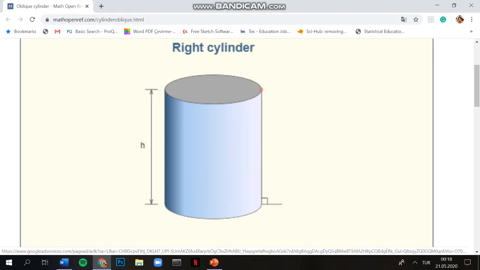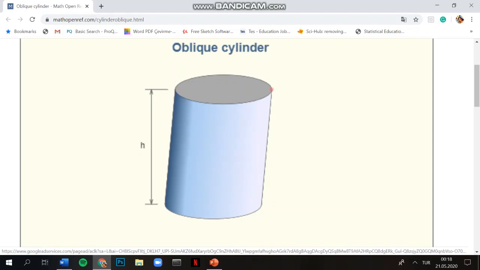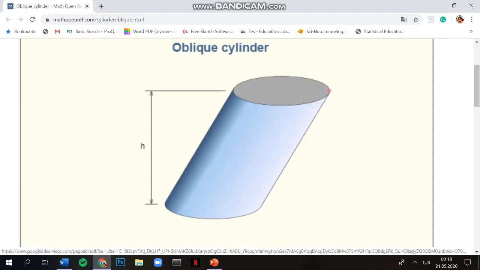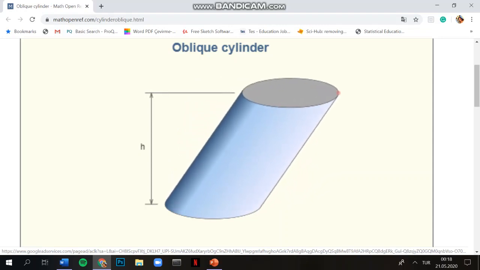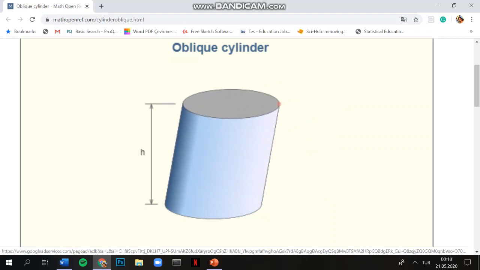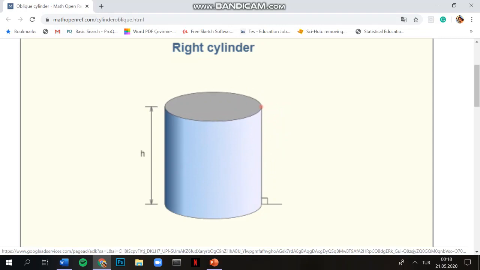And now I will drag. And if the angle is not 90 degrees, it will be an oblique cylinder. And if the axis is perpendicular to the base, it will be a right cylinder.